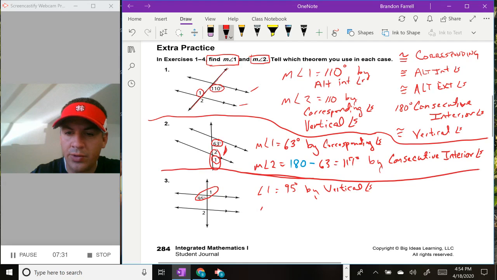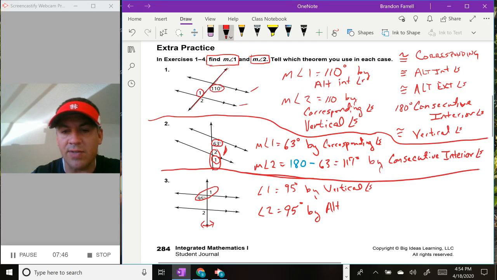And then angle 2 is also going to be 95 degrees, but that's a different reason, because it's on alternate sides of the transversal. This is the transversal. So we're on alternate sides of the transversal: alternate exterior angles.